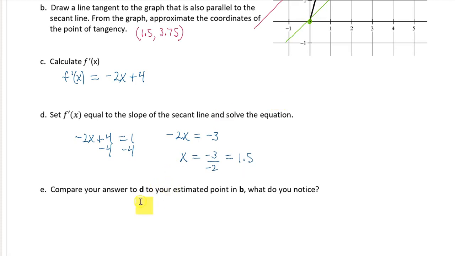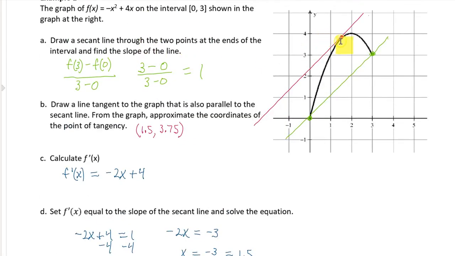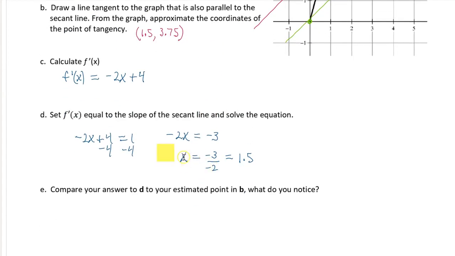All right, compare your answer to D to your estimated point in B. So notice in B, the x value of that coordinate on the graph right here was 1.5. And when we set f prime of x equal to the slope of the secant line, we came up with x equals 1.5.